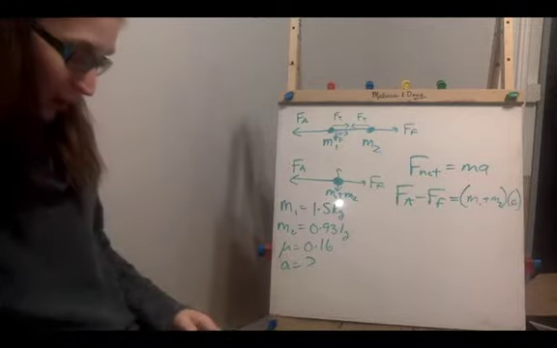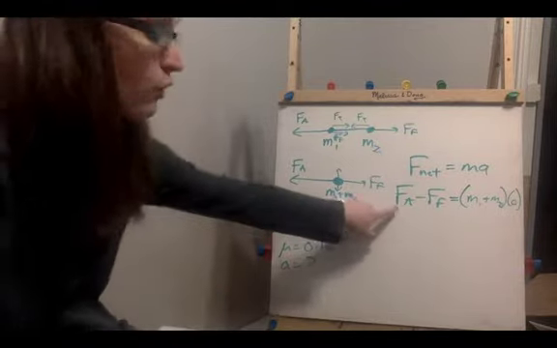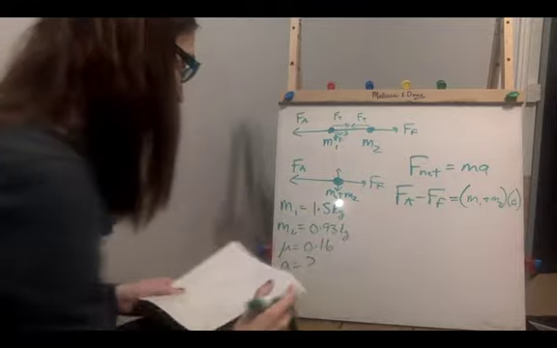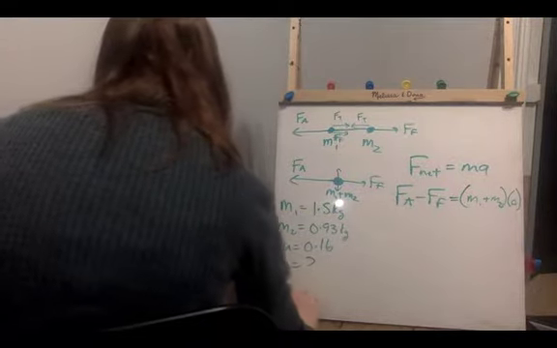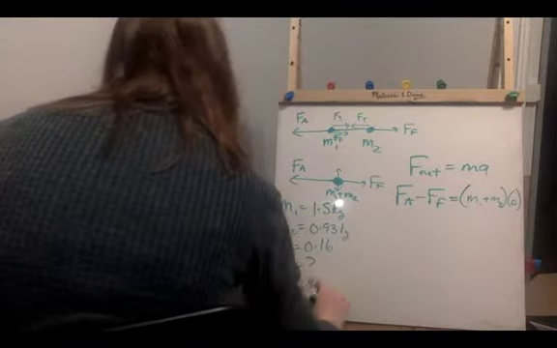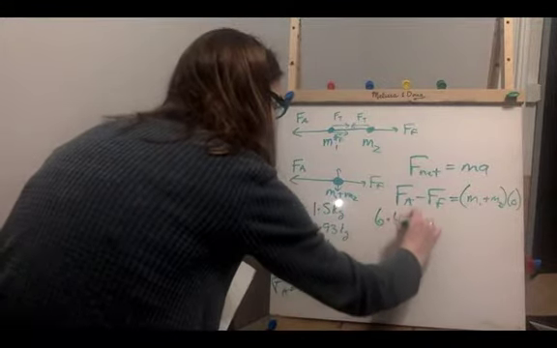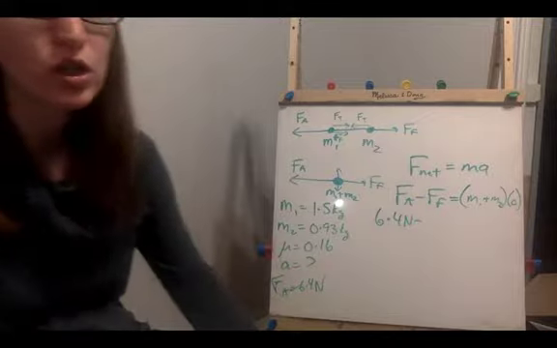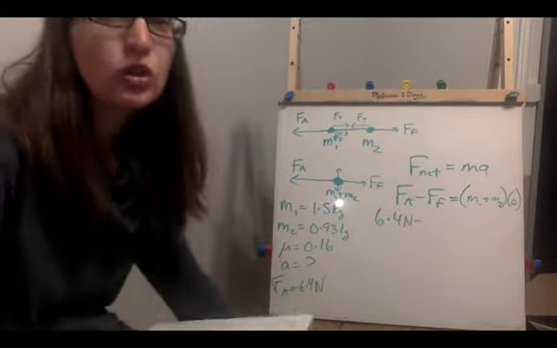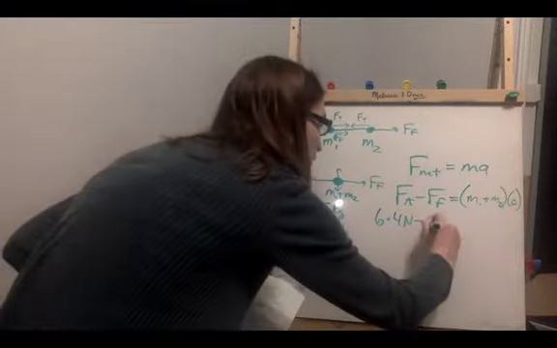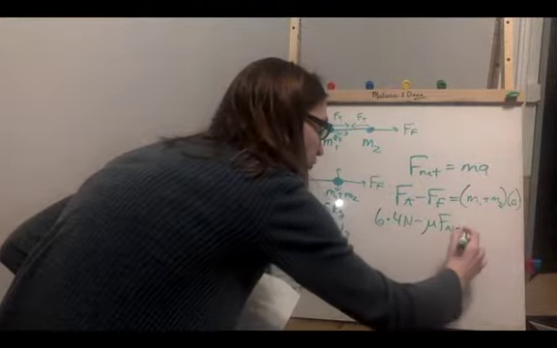Now, the applied force was given to us in the question, where our applied force was 6.4 newtons. So that can go in for F of A. Our force of friction, we would need to calculate using our equation, which was coefficient of static friction multiplied by normal force.